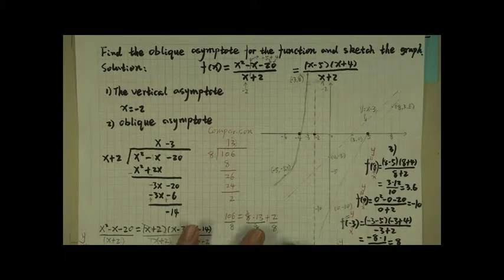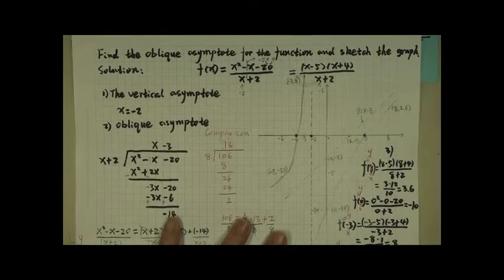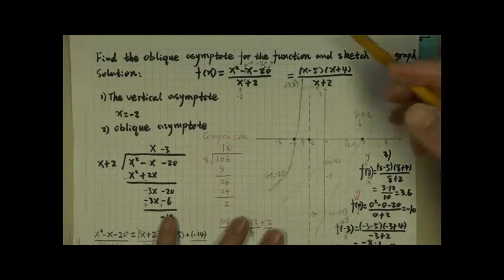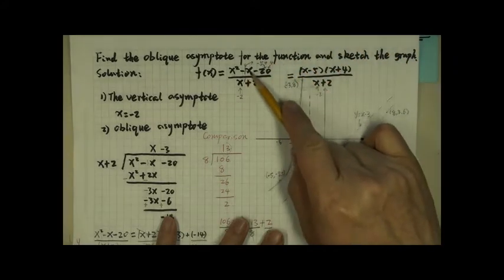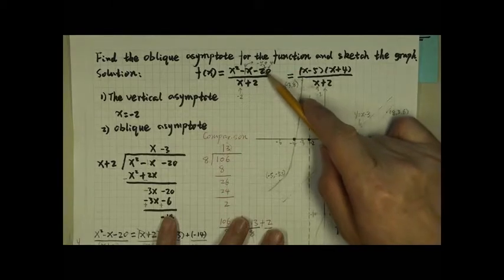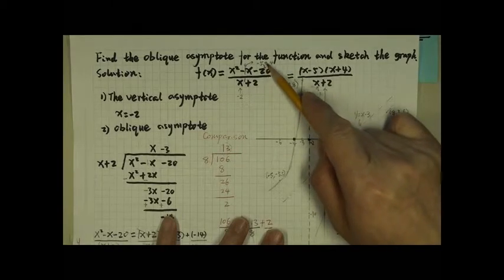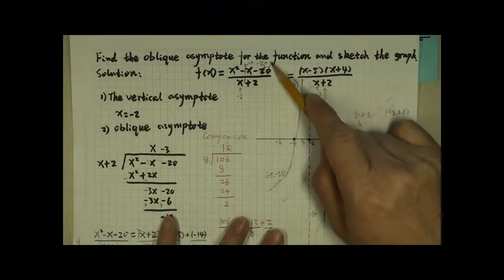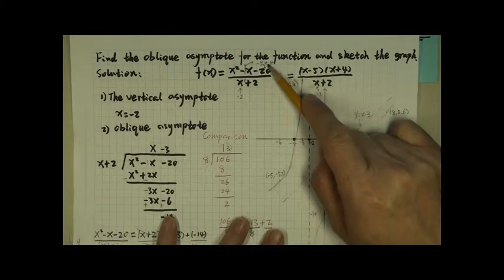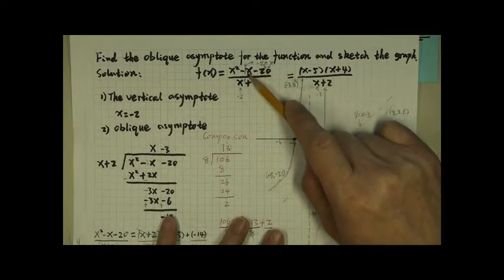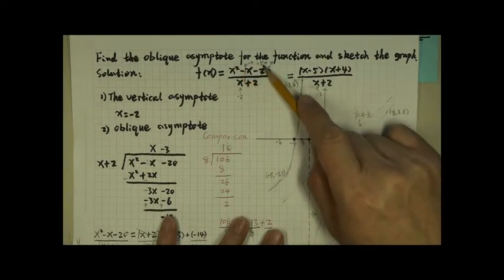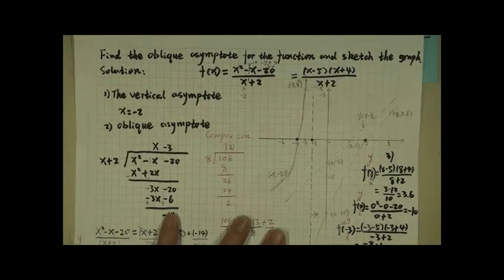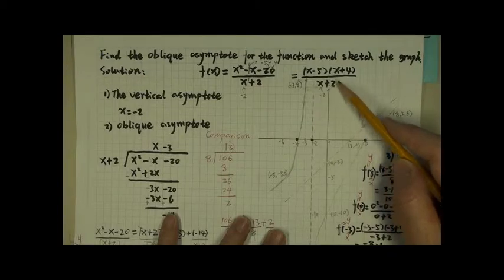Now, step 3 is to find the 0 points and sketch the picture. To find the 0 points, we need to factor the numerator. Again, right here, negative 20 is negative 5 times 4. Negative 5 times 4, you get negative 20. Add each other, you get negative 1. So the numerator can be factored into x minus 5 times x plus 4. The denominator is x plus 2.